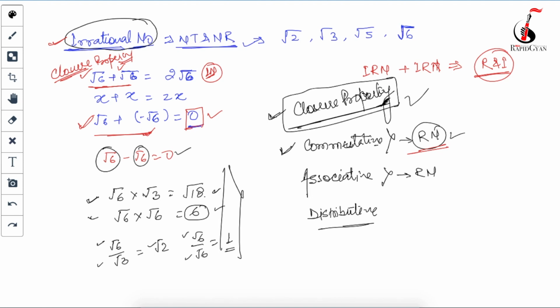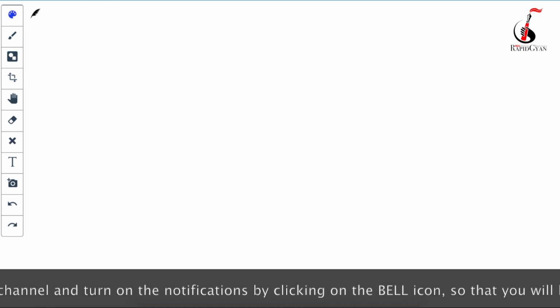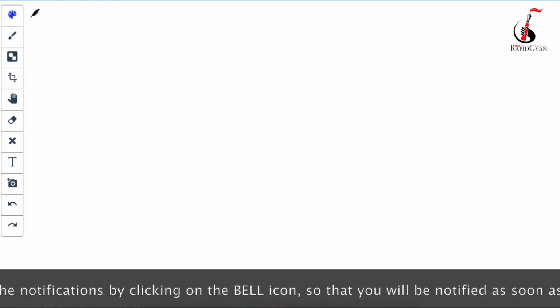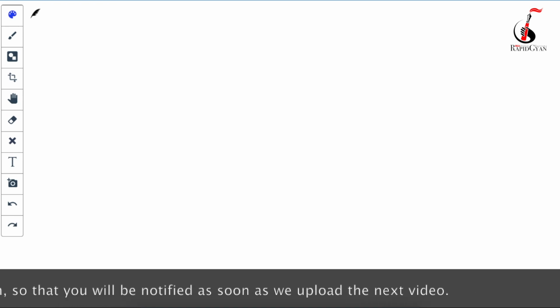Okay, now let's go ahead and look at a few properties. I'm going to tell you a few properties, beta, and they are very important. Just write them down somewhere. They are going to be very useful in solving the examples and the exercise questions, and also going forward till your last day of studying mathematics, or even if you have a job and use mathematics, these properties are going to be used.